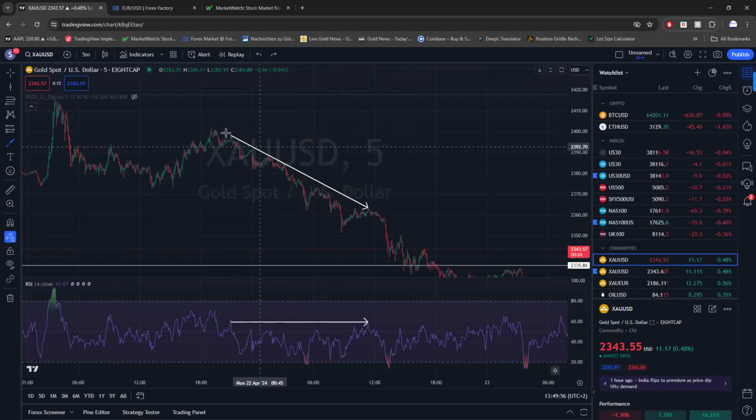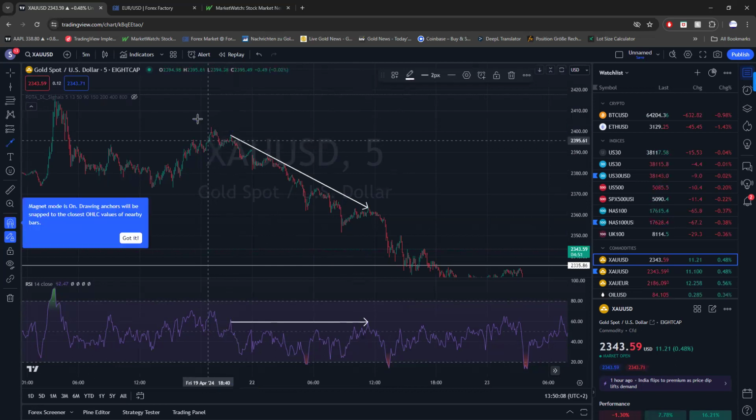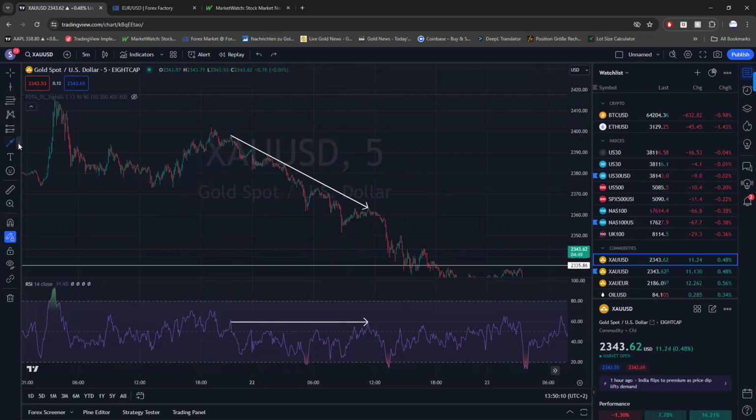We take from this high to this high, we take from its corresponding RSI strength level to this corresponding strength level. That means the same selling strength that was here at this time is the same selling strength that we have at this time, right?